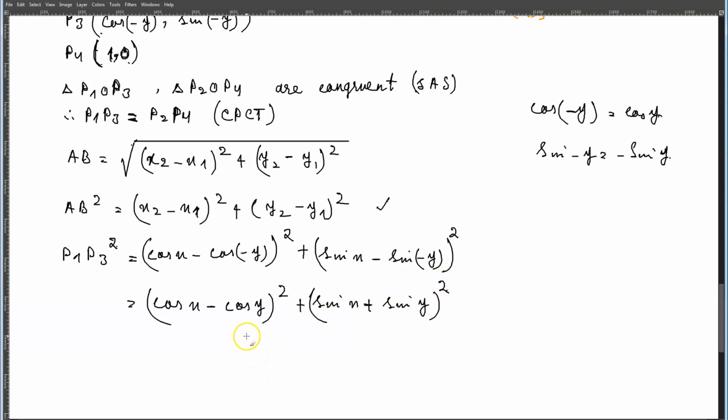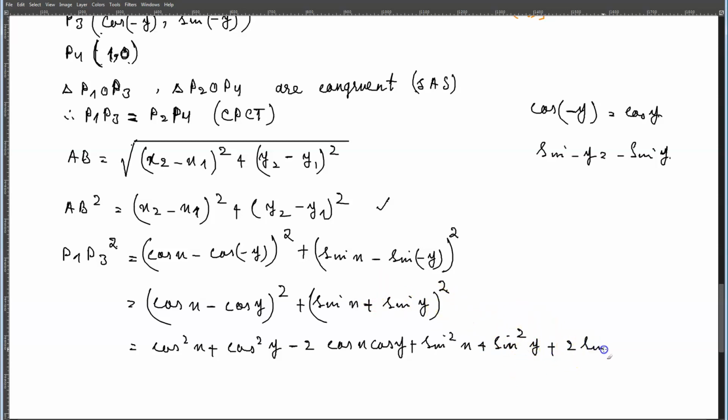And so if you expand these, you would get cos squared x plus cos squared y minus 2 times cos x cos y plus sin squared x plus sin squared y plus 2 times sin x sin y.